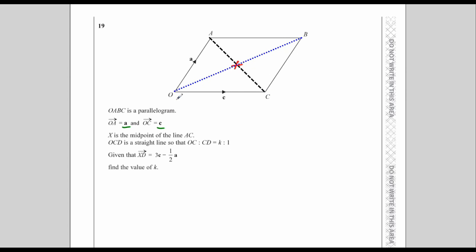So this ratio means that if you're going from O to C, like so, it's in a ratio with C to D. Okay, so say C to D is this way if k is positive, or C to D is this way if k is negative. Okay, given that XD is 3c minus half a. Find the value of k.